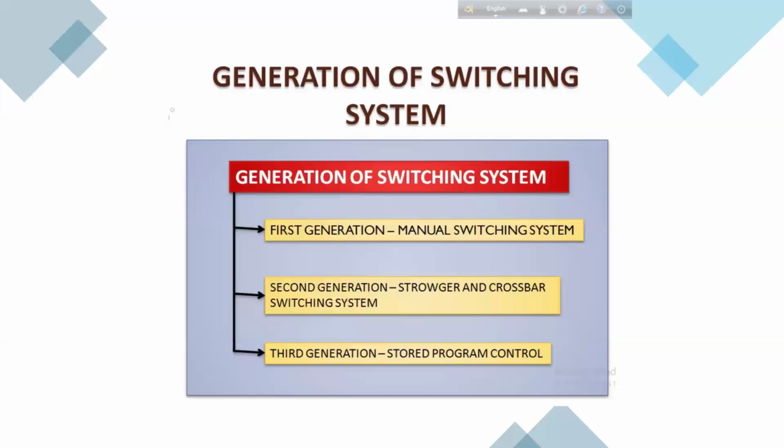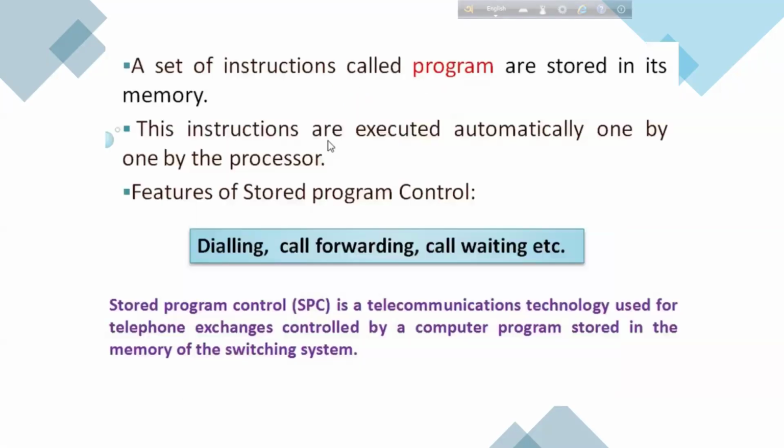Now, the generations of switching systems: the first generation was the manual switching system, the second generation was the Strowger and crossbar switching systems, and the third generation is the electronic switching system, which is based on the principle of stored program control. A set of instructions called a program is stored in its memory.